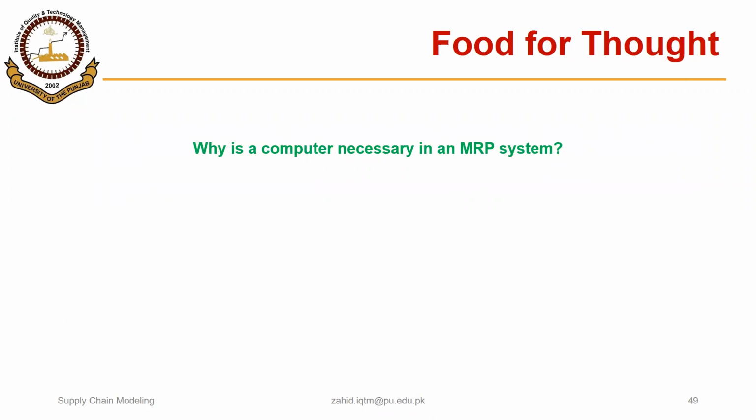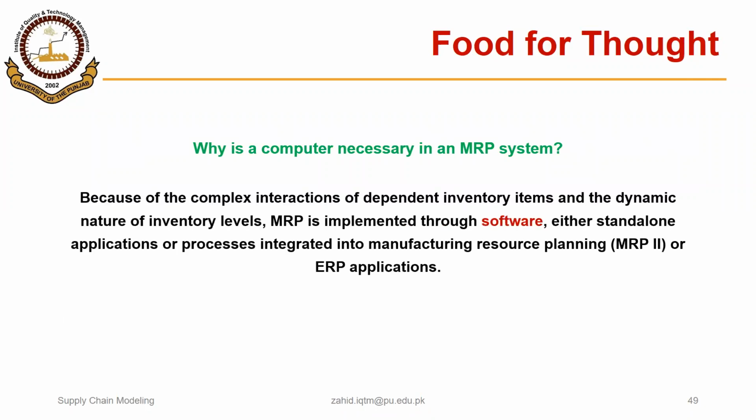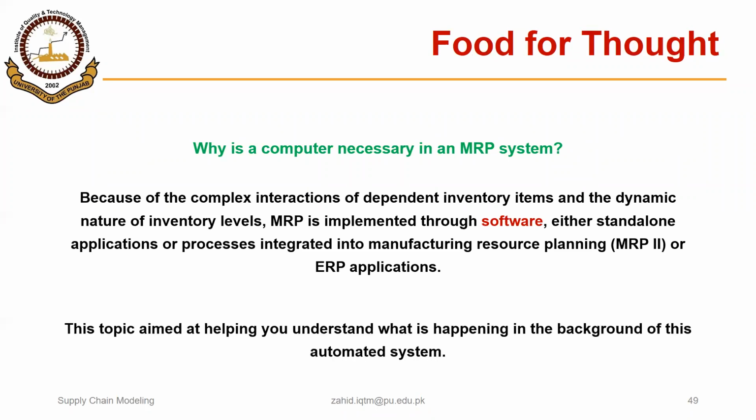A computer is necessary in an MRP system because of the complex interactions of the dependent inventory items and the dynamic nature of inventory levels. MRP is implemented through software, either standalone applications as we discussed in the beginning, or processes integrated into manufacturing resource planning or ERP applications.